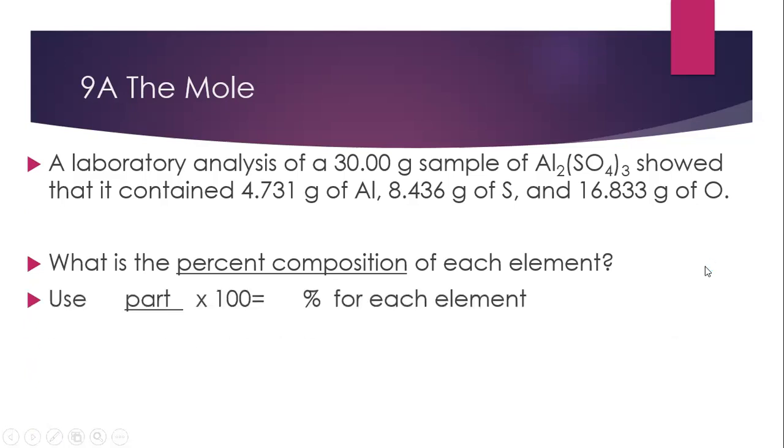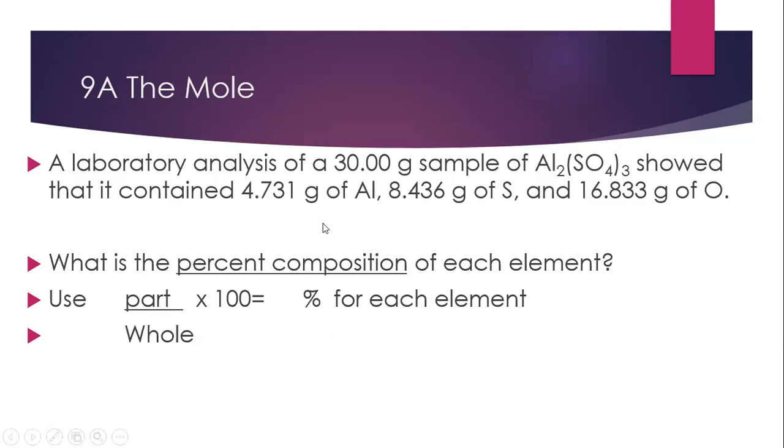So we are looking at part divided by the whole. You're taking the grams of aluminum divided by the grams of the whole sample times 100. And then you're going to do that for sulfur also: 8.436 grams divided by 30 grams times 100 gives you a second percentage, and then you would do it for the third one.